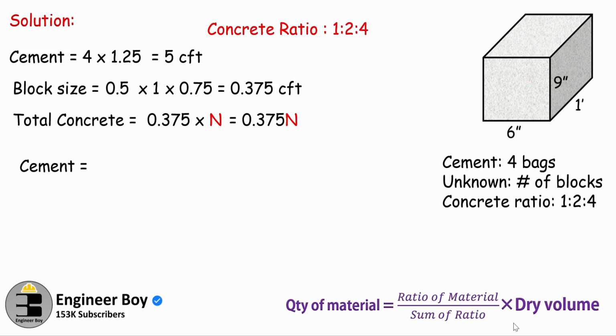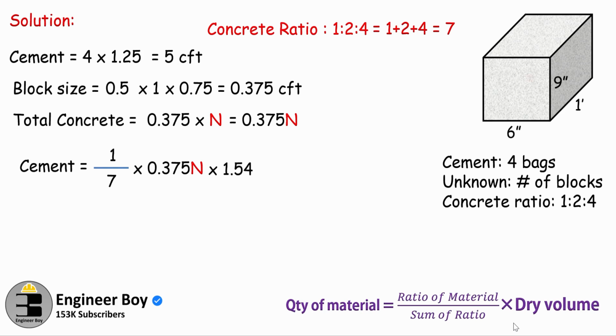That's simple. Now 1 means the ratio of cement. So cement equals the ratio of material, which is 1, divided by the sum of the ratio, which is 7, because 1 plus 2 plus 4 is 7. So 1 divided by 7. Now we will multiply this with the dry volume. Remember, the dry volume is the total concrete, which was determined a few seconds ago, times a factor, which is 1.54.